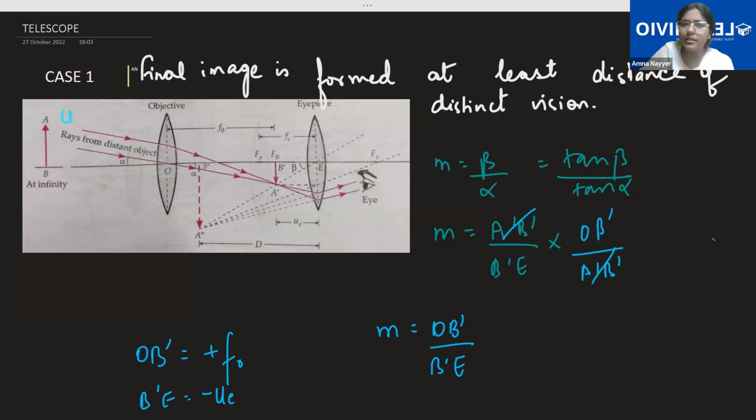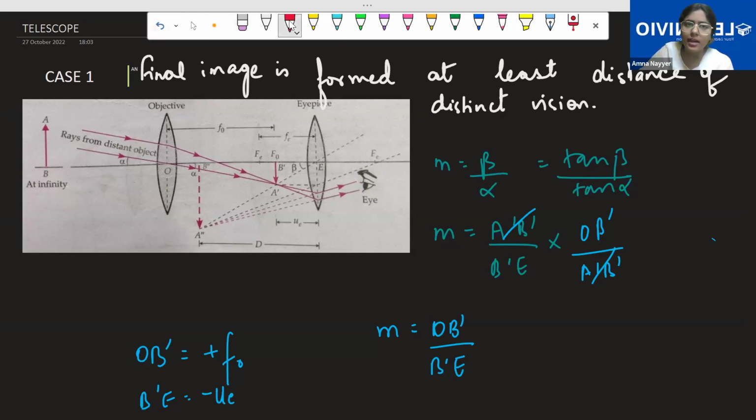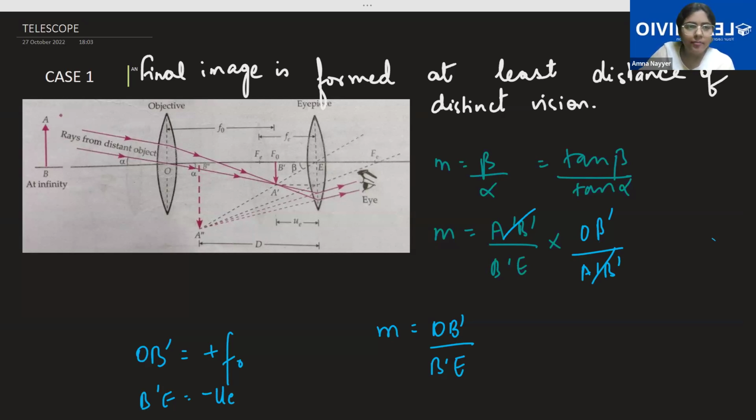So let's now understand the ray diagram first. The object will be at infinity. Any object that exists, Sun, Mars, Venus, Jupiter, Saturn, any planet, will be at infinity. Infinity in the sense that they are distant by light years.